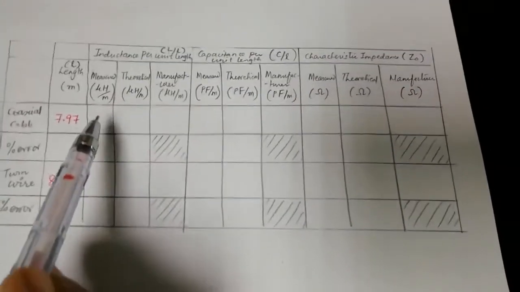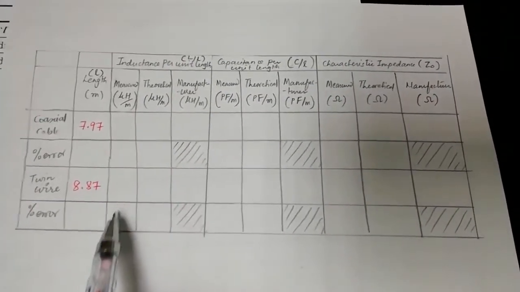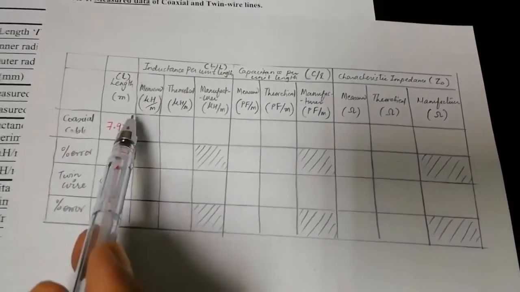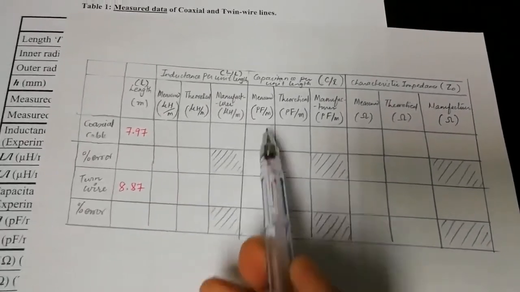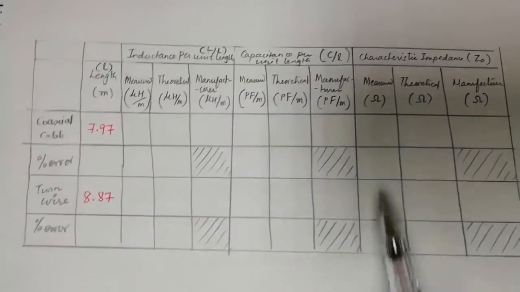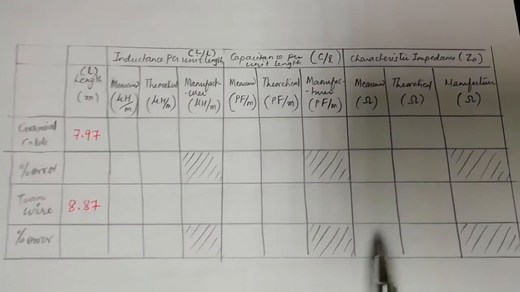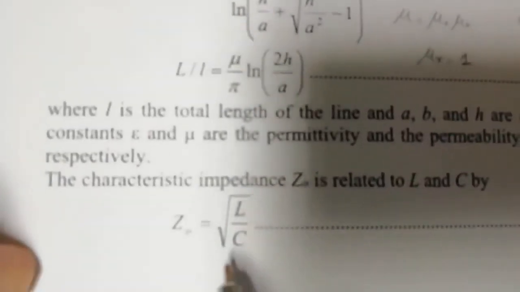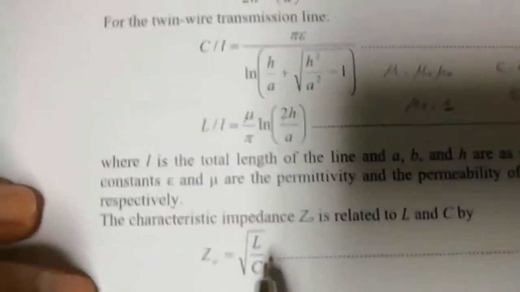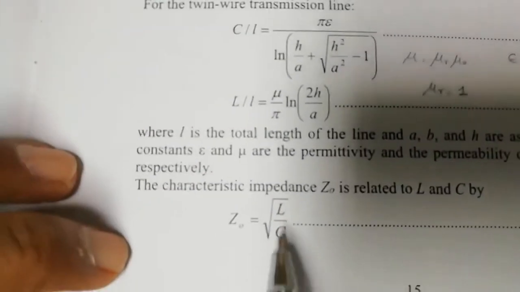In a similar way, you fill the measured values per unit length for both coaxial cable and twin wire, and also the characteristic impedance. To find the characteristic impedance, we are going to use the same formula, Z is equal to root of L over C. But here, our L and C will be the measured values.